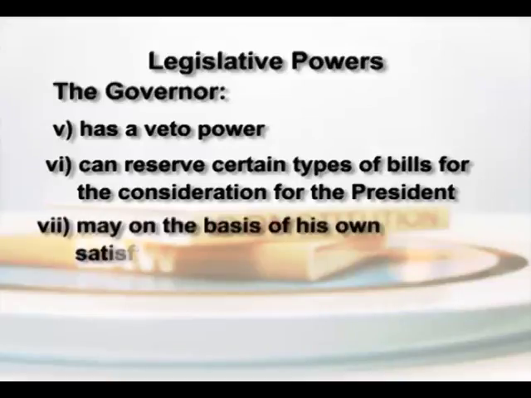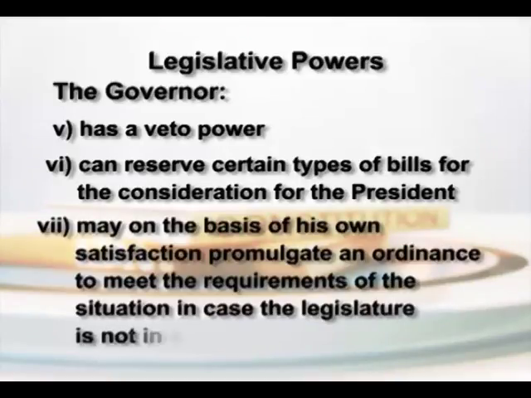Seventhly, in case the legislature is not in session, the governor may, on the basis of his own satisfaction, promulgate an ordinance to meet the requirements of the situation. The 42nd Amendment Act has made the governor's satisfaction immune from judicial scrutiny.